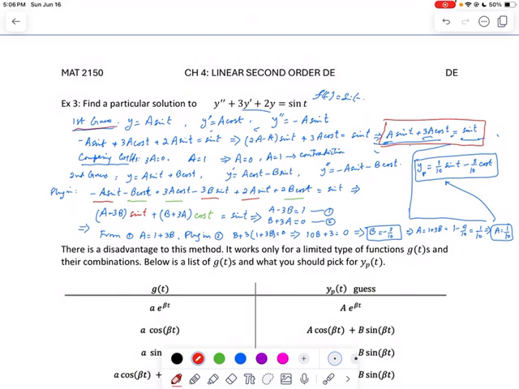So our second guess would be y is equal to a times sine t plus b times cosine t. Now notice here, if you wrote it like a times cosine t plus b times sine t, that is fine.